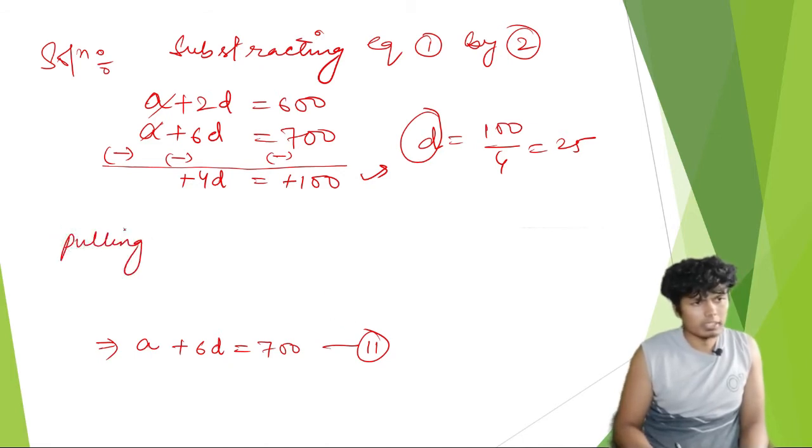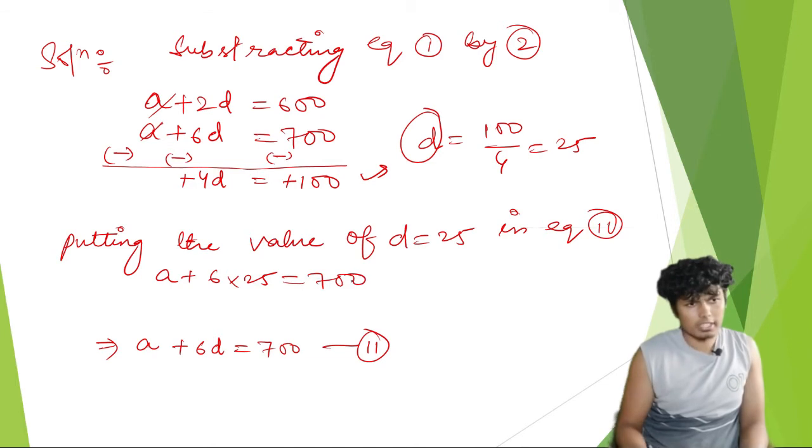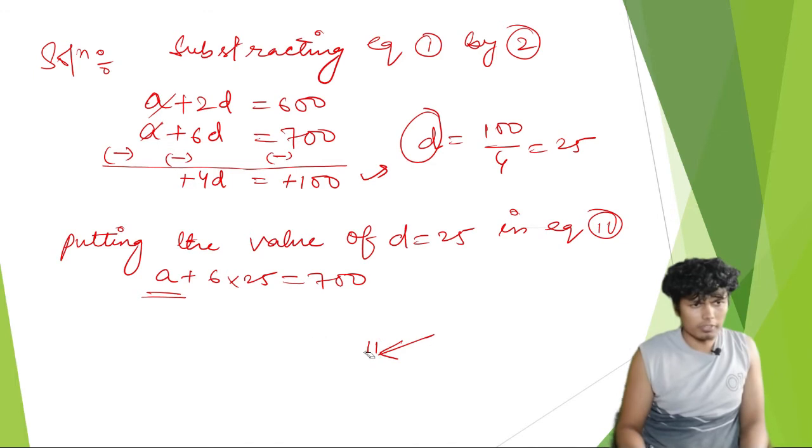Putting the value of D is equal to 25 in equation number 2: A plus 6 into 25 is equal to 700. In this equation we have put 25 instead of D so that we can find the value of A. I hope it is clear.